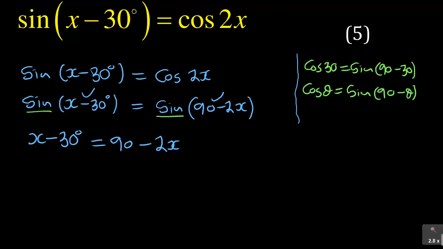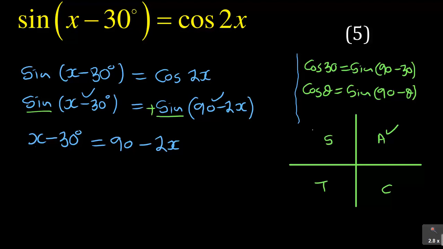Now, if I go back here to my CAST diagram, this is the most important diagram according to the way I see it whenever it comes to trig. Remember, all students take chemistry. Now we are looking at sine, and in this case you can see that we have a positive for sine. So sine is positive in the first and in the second quadrant, and in the second quadrant the reduction rule is 180 − θ.